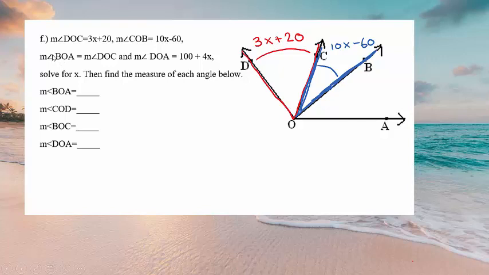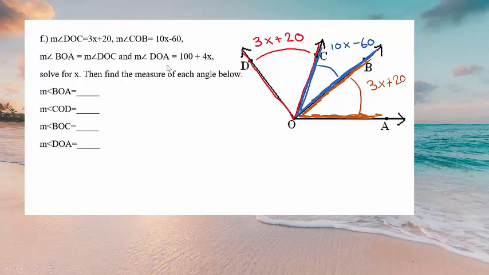Then it says that angle BOA, so here's angle BOA, and angle DOC are the same. It says that their measures are equal. So I'm going to copy what's in angle DOC into angle BOA. They told me they're the same, so therefore I can use the same expression in both.